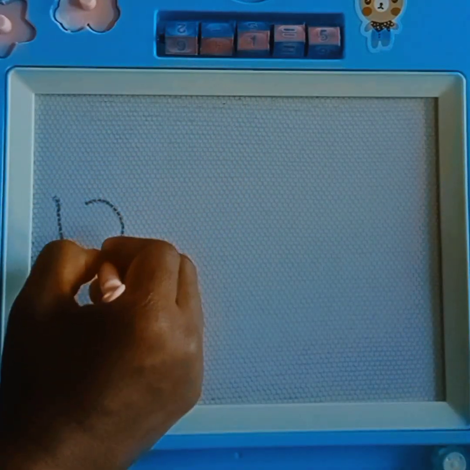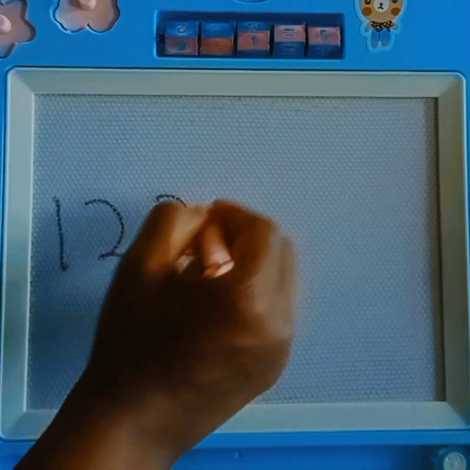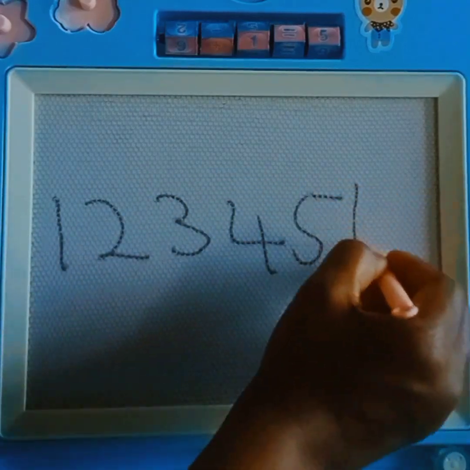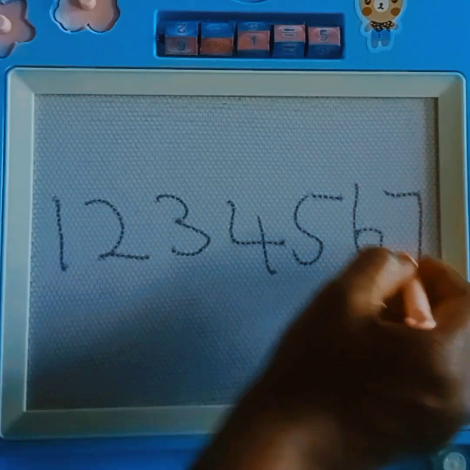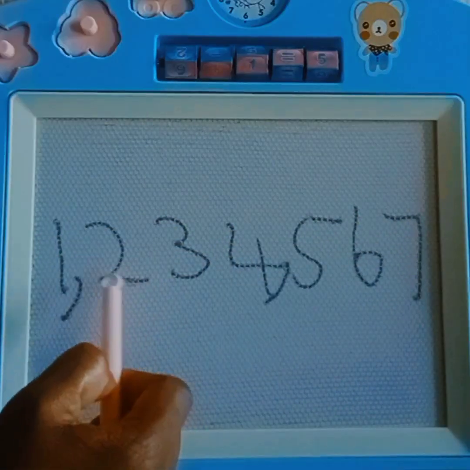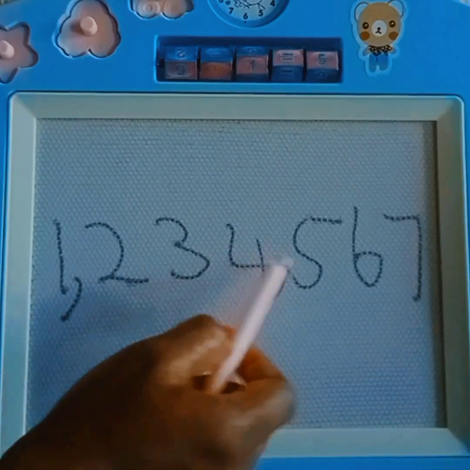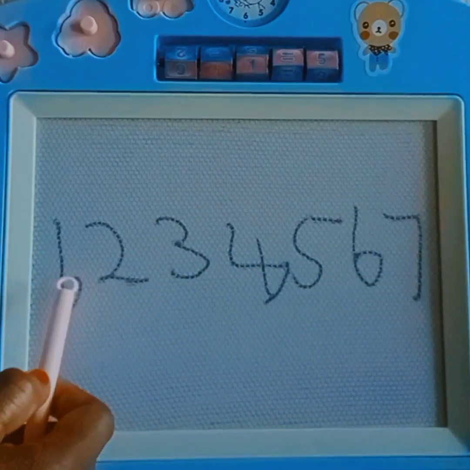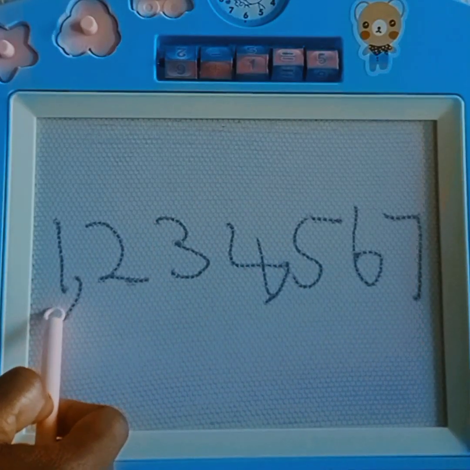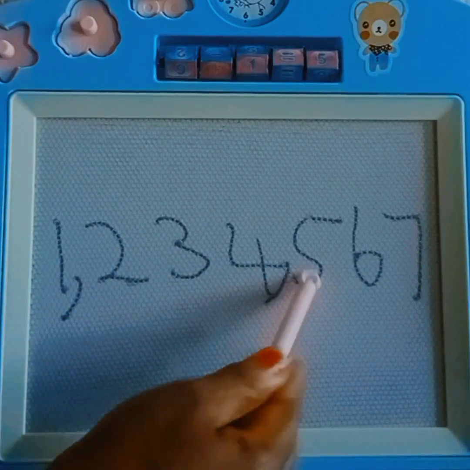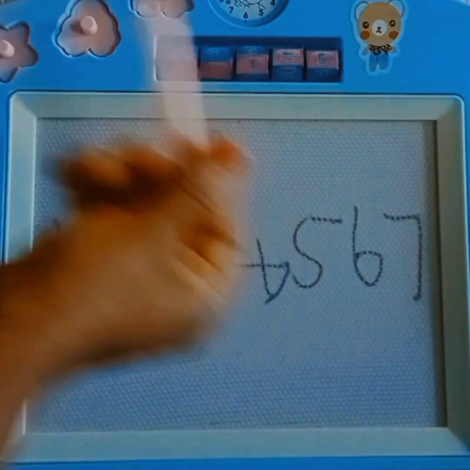So this is our next example. 1, 2, 3, 4, 5, 6, 7. We have 7 digits here. This is 1,234,567.